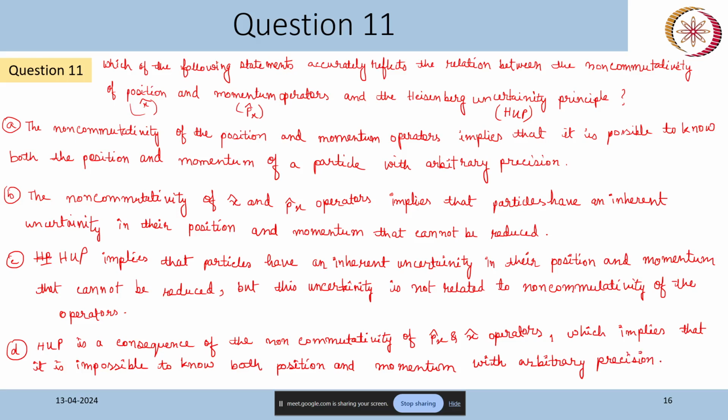Let me take a pause for a minute here and you should read the statements and think what is the correct answer. Why I'm saying this? Because the statements look similar, but there is a certain difference.